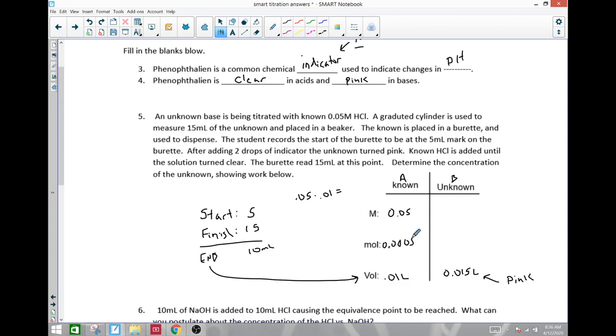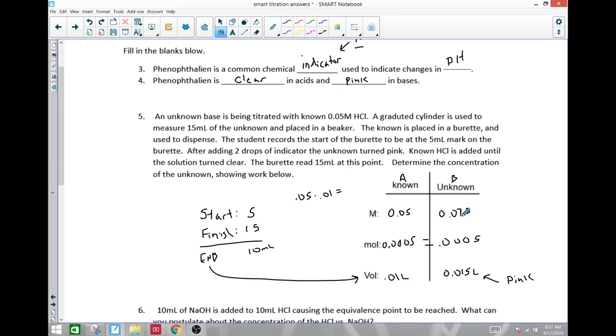And of course, at that point, we're at the equivalence point, and these are equal. 0.0005. Divide the two out to get the original moles, divided by the original volume, 0.015, equals 0.033.